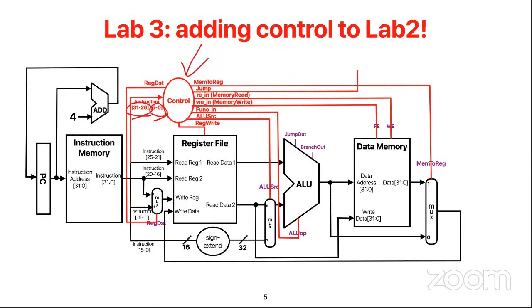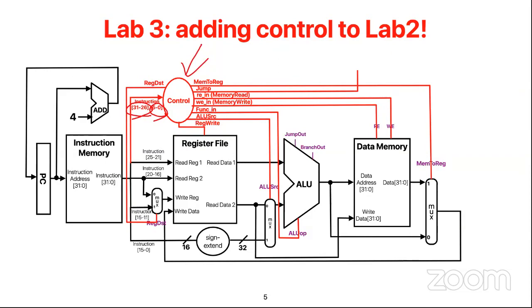For arithmetic instructions, they all share the same opcode, which is 0. However, their function codes are different. So to make sure your instructions use the ALU correctly, you have to set the function code according to what's encoded in bits 5 to 0 of your instruction.